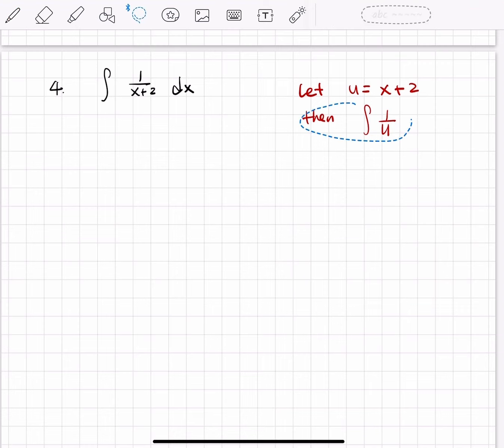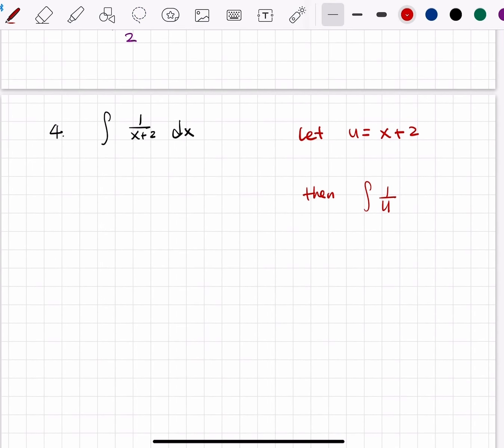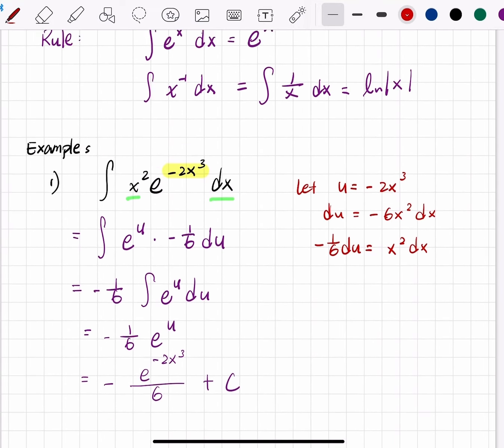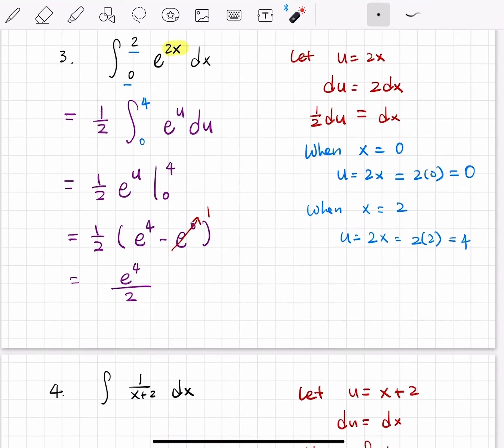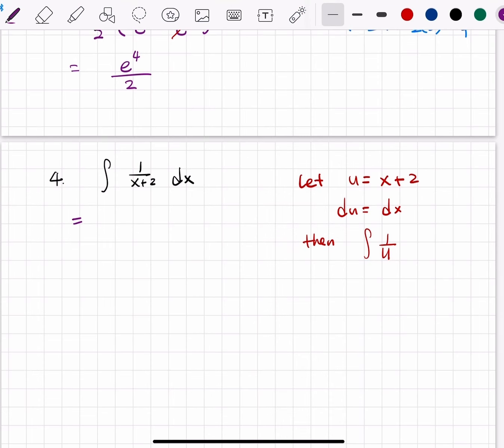What I mean is, du is just going to be dx. So there's no extra terms. So if you already know it, according to the log formula, this is just equal to ln of the absolute value of x plus 2, plus c.